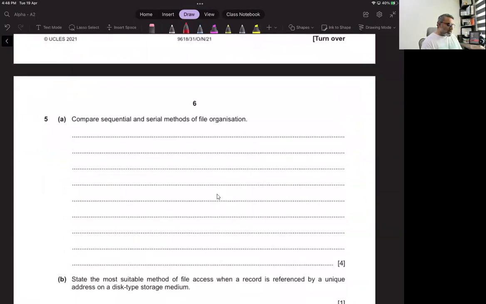Compare sequential and serial methods of file organization.